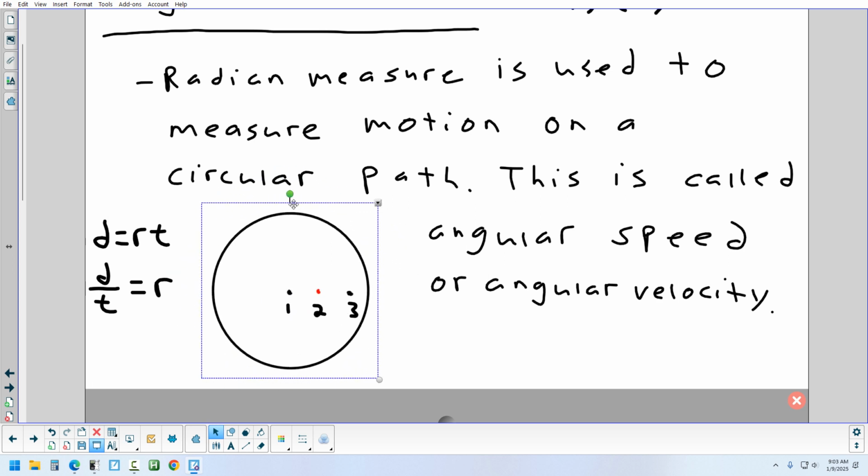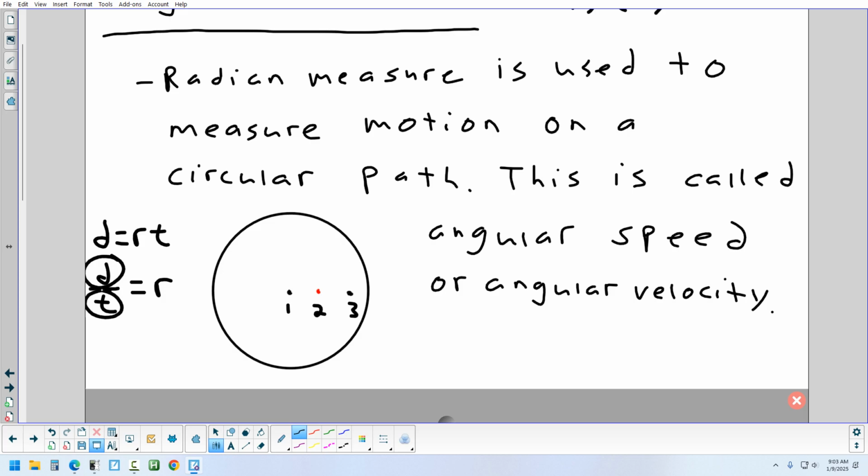Is the size of the revolution different? Yes. And that's the problem. If dot 3 traveled farther than dot 2 in the same amount of time, what does that mean about dot 3? Dot 3 traveled farther, but it did it in the same amount of time as dot 2. It's moving faster. It must be moving faster than dot 2.